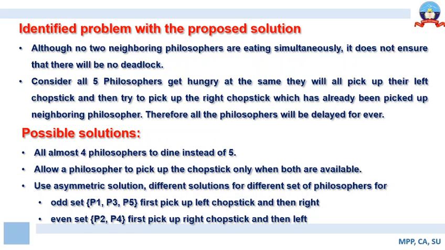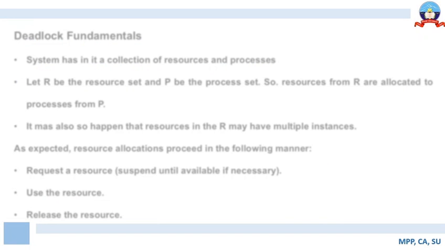Allow the philosophers to pick up the chopsticks only when both the chopsticks are free, or use an asymmetric solution instead of a symmetric solution, where we propose different solutions for different subsets of the philosopher set, wherein the odd set will pick up their left chopstick and then their right chopstick, whereas philosophers from the even set will pick up their right chopstick and then their left chopstick.